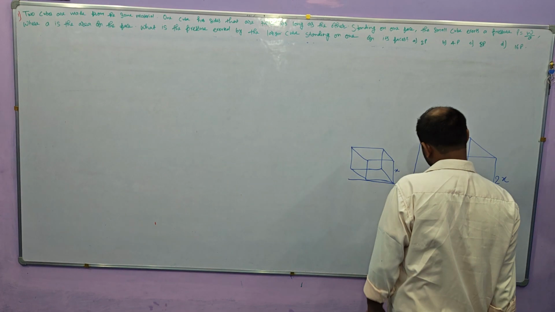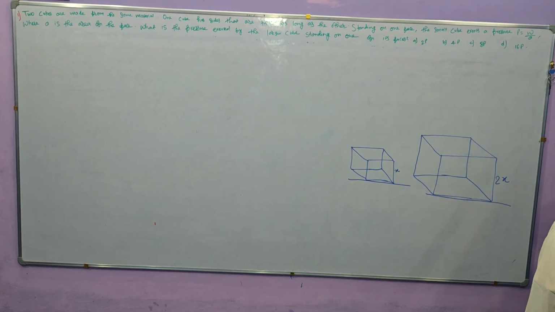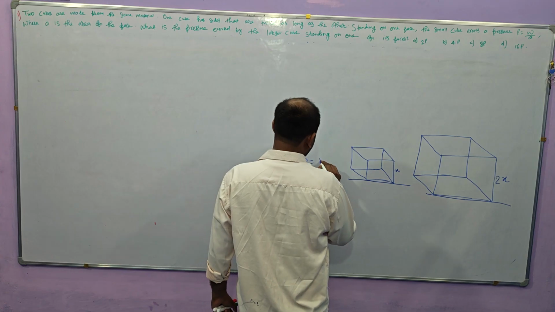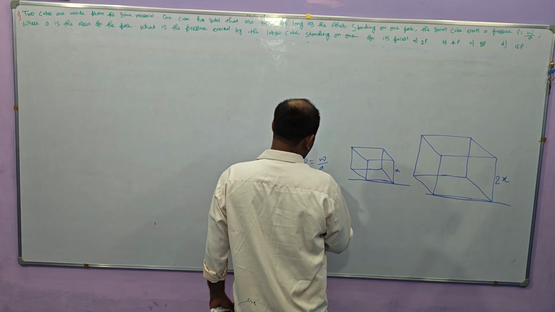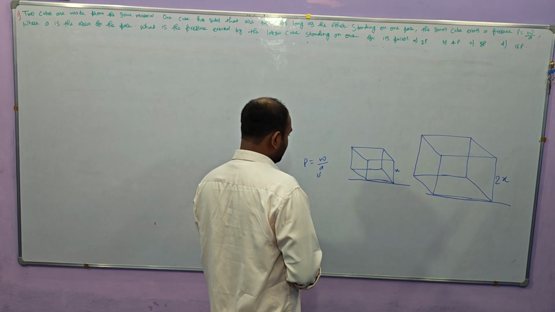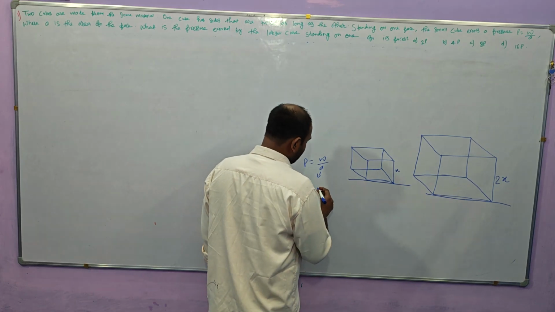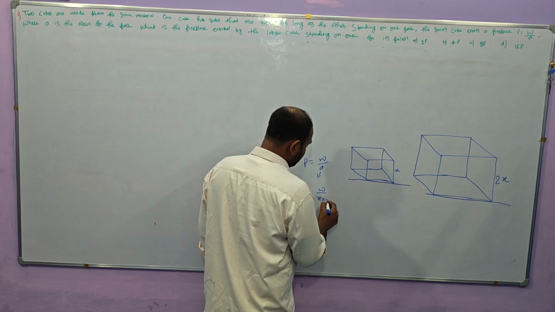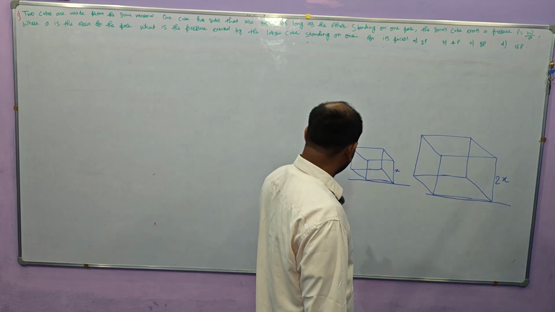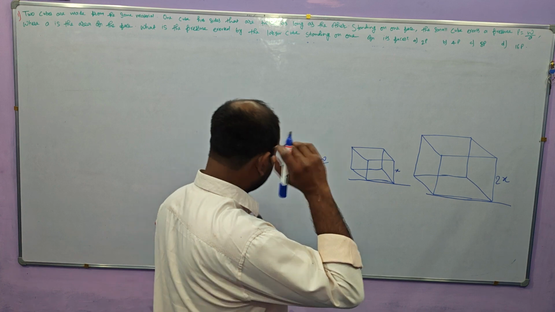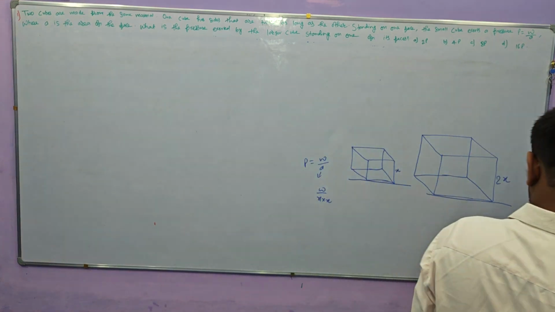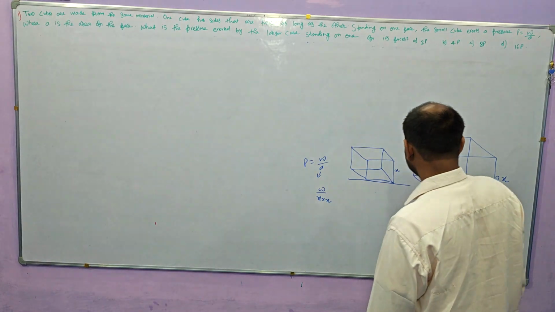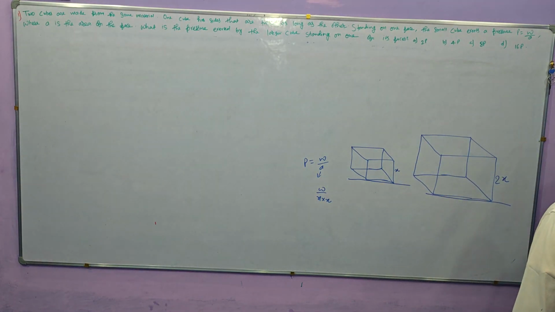Suppose this face, it will exert a pressure P is equal to W by A, where A is the area. Area is basically x into x. And W is basically weight, force, we can say.